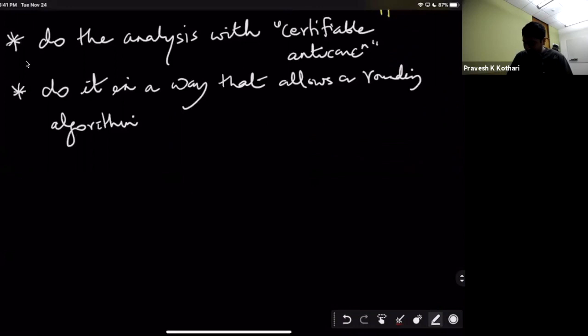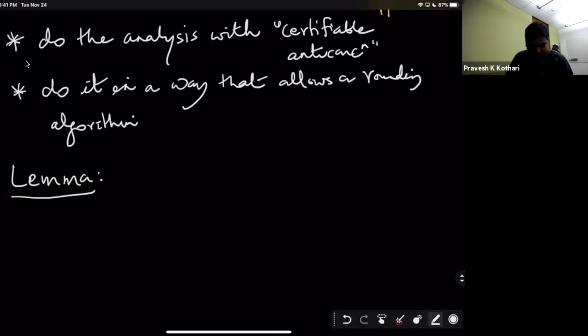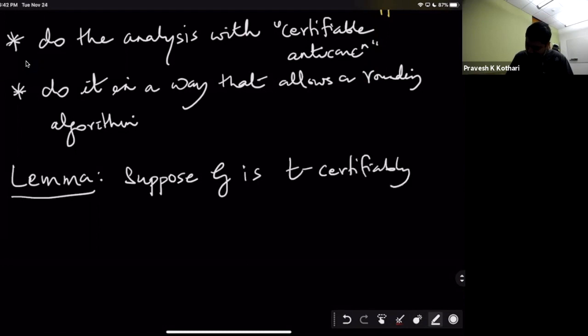Okay, because I am way too close to the end of our 3 hours, let me just make a claim of how this is going to occur and try to tell you how it works, and not try to prove this. So suppose G is T-certifiably delta anti-concentrated.